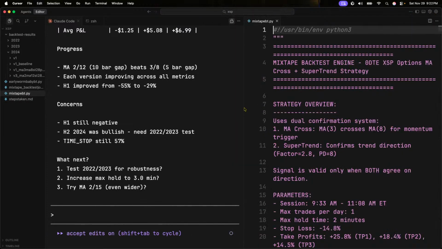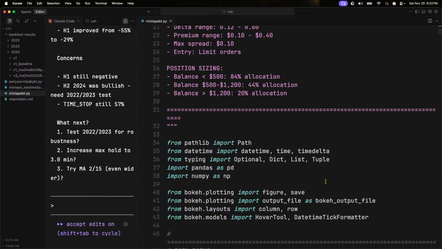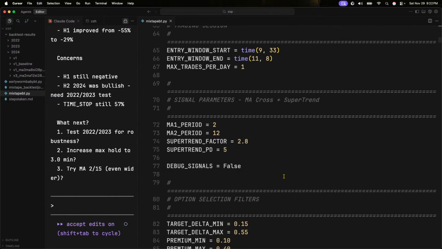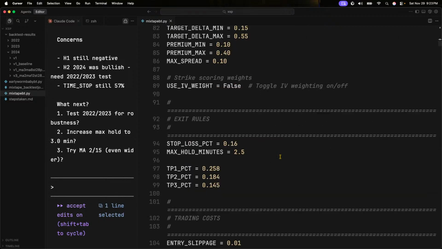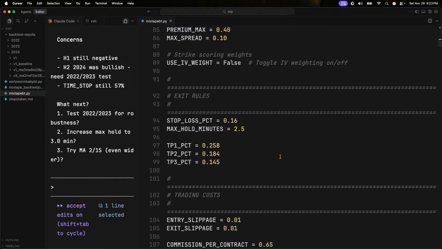All right, so let's see what we're going to adjust now. What we adjusted before was the moving average periods, right? Instead of having a 5-bar gap from 3 to 8, we have a 10-bar gap now. So this works a lot more in our favor. I really want to be able to adjust this. We're going to go from 2.8, maybe drop this down to 2.2. I only want to do 2 things at a time, right?